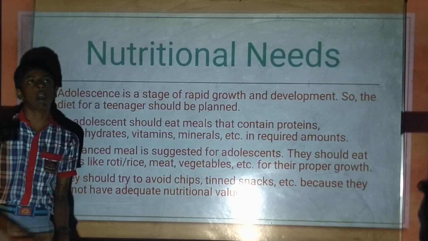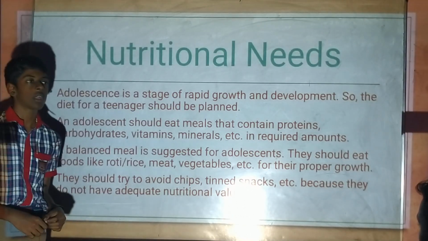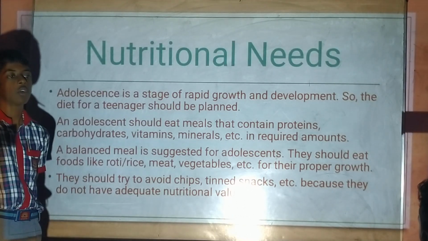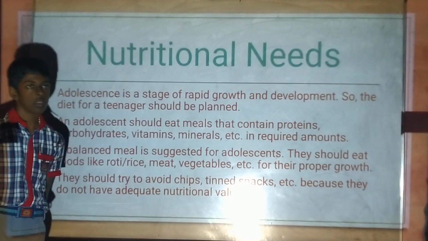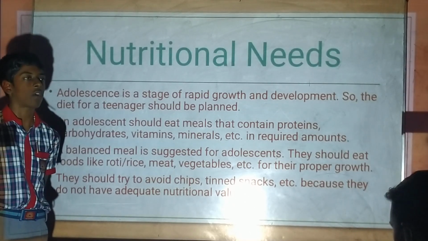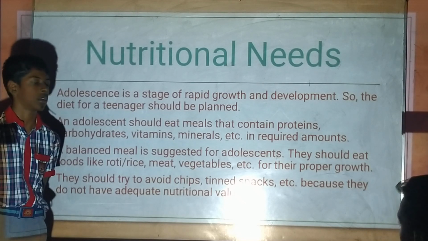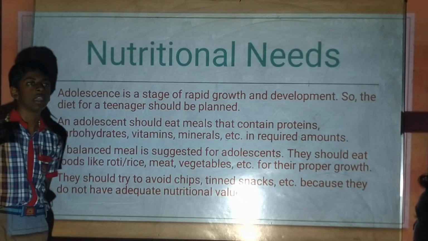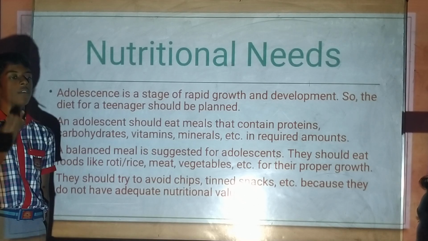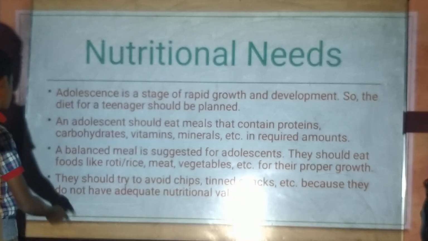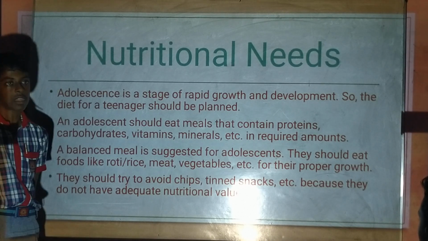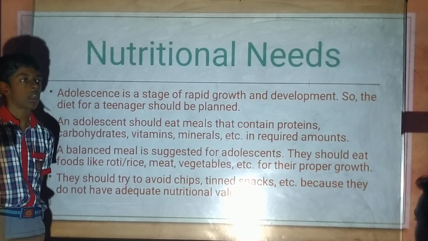Nutritional needs of adolescents. Adolescence is very important for the growth and mental changes of the body. So the balanced diet of an adolescent should be carefully planned. Adolescents should eat meals that contain protein, vitamins, carbohydrates, minerals, etc. A balanced meal is suggested for an adolescent.